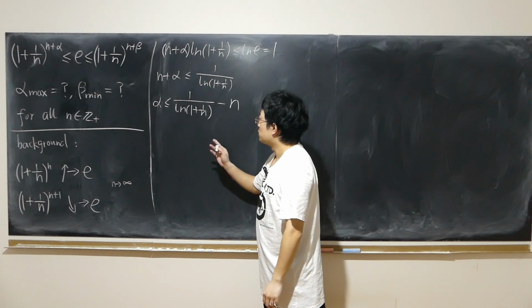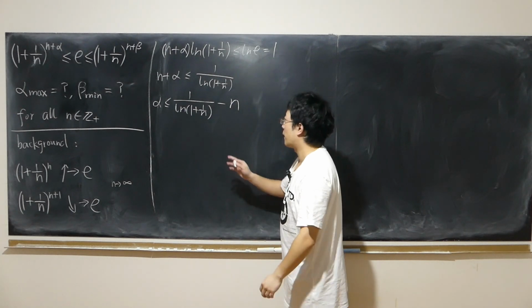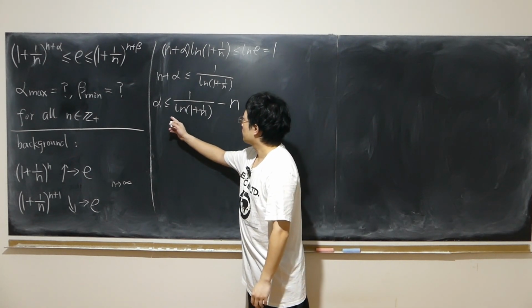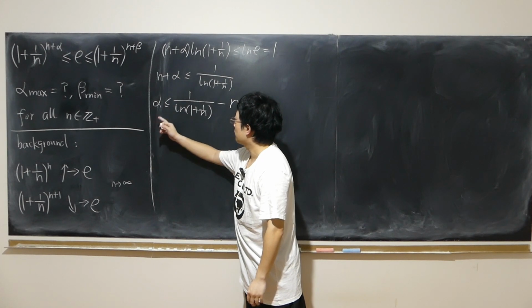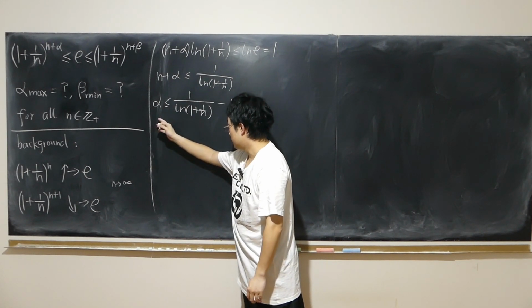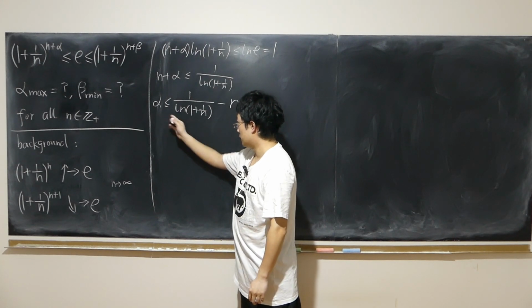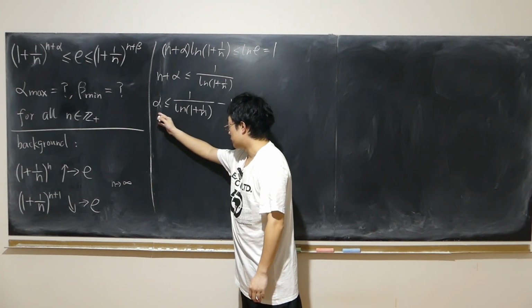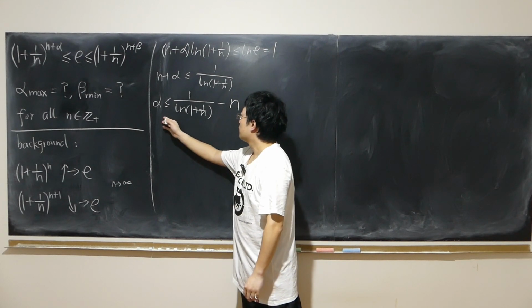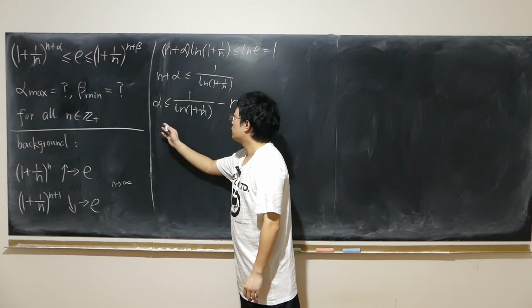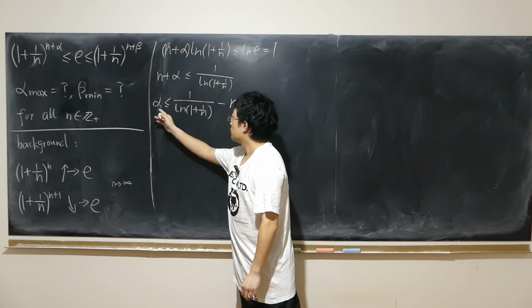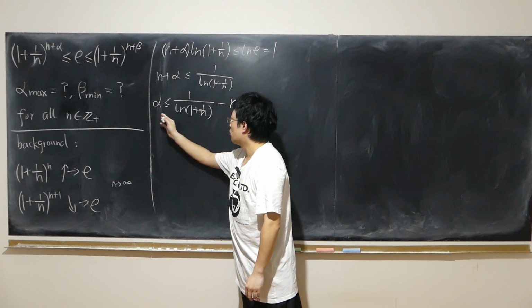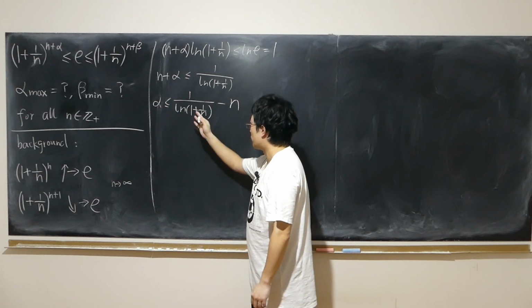Right? So first of all, I know for a fact that, for example, alpha, take the value of some fixed number less than that one. Take some other fixed number less than that one. So all those alphas are lower bounds of this expression.